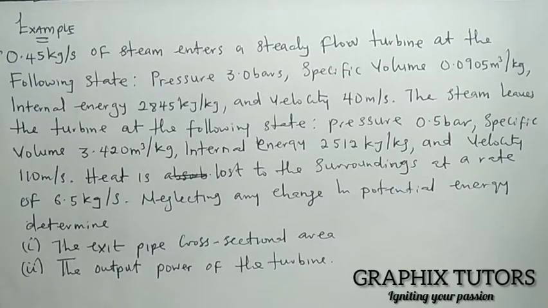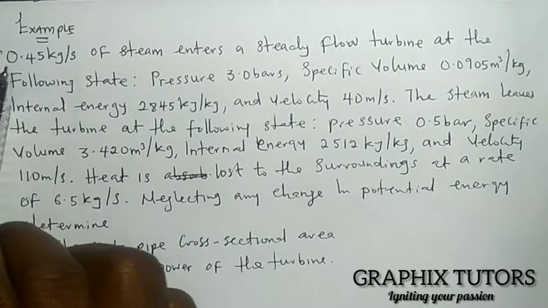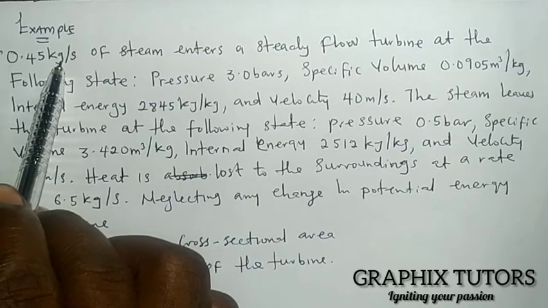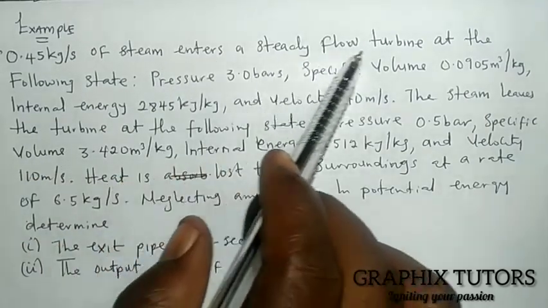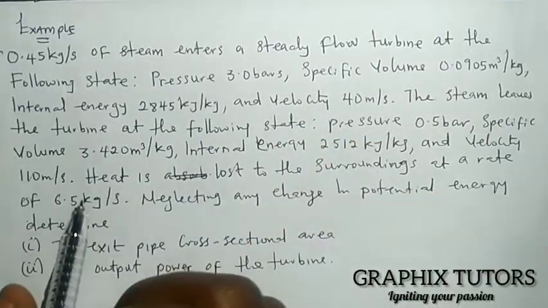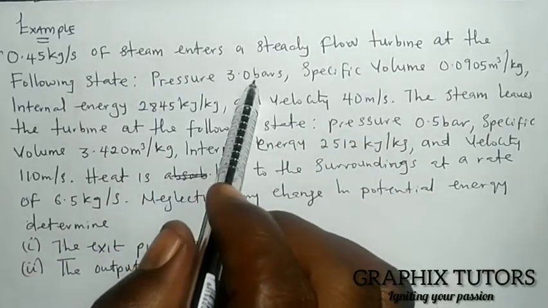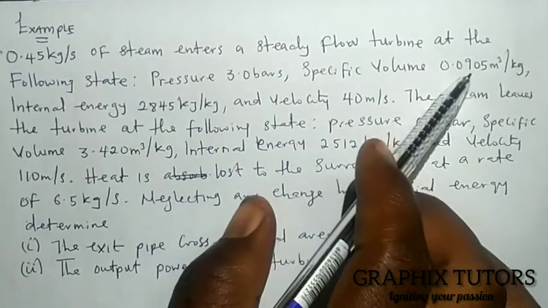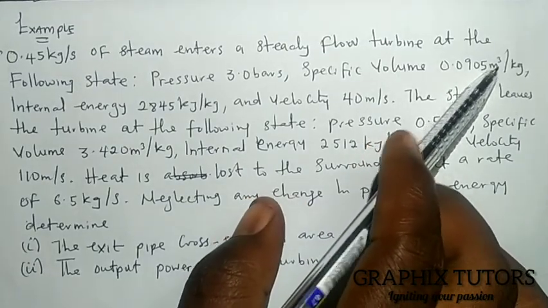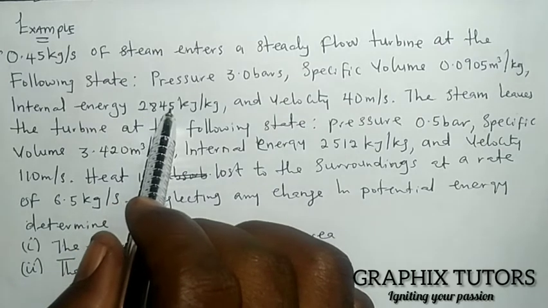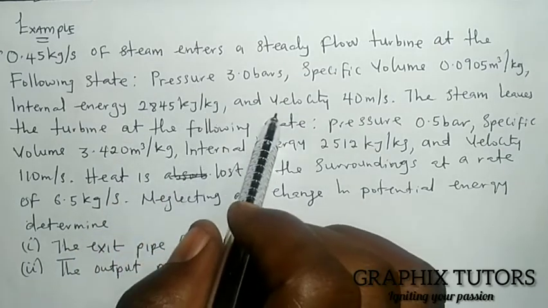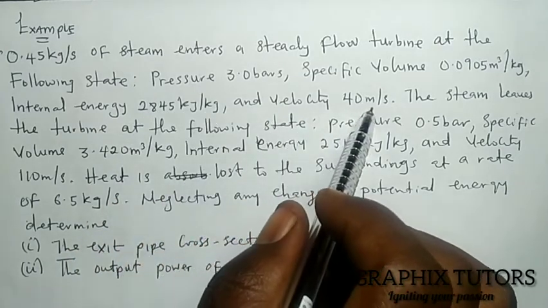Now let's take this example. The example says that 0.45 kilogram per second of steam enters the steady flow turbine at the following states: pressure 3.0 bar, specific volume 0.0905 meter cube per kilogram, internal energy 2845 kilojoule per kilogram, and velocity 40 meter per second.